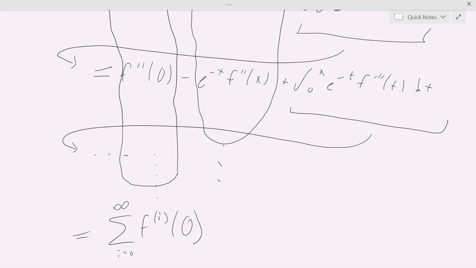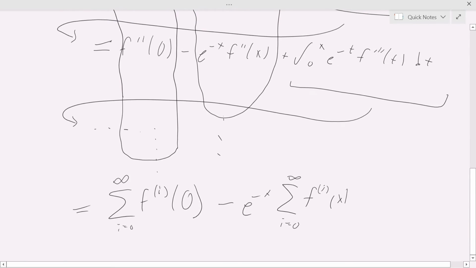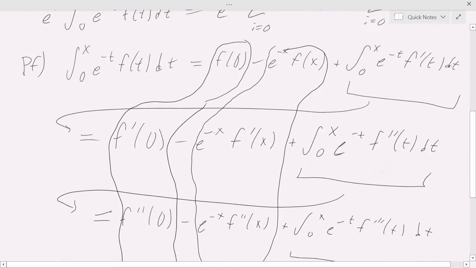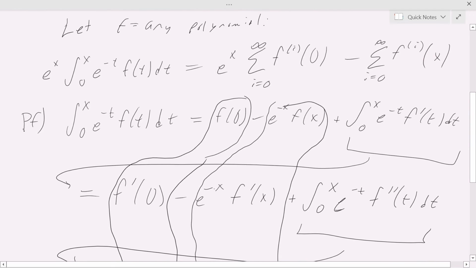So we're allowed to do this infinite sum. And then we're subtracting off e to the minus x, and we just factor that out of the infinite sum from i equals 0 to infinity of all the derivatives evaluated at x. So that is what that initial integral worked out to be in the case when f is a polynomial.